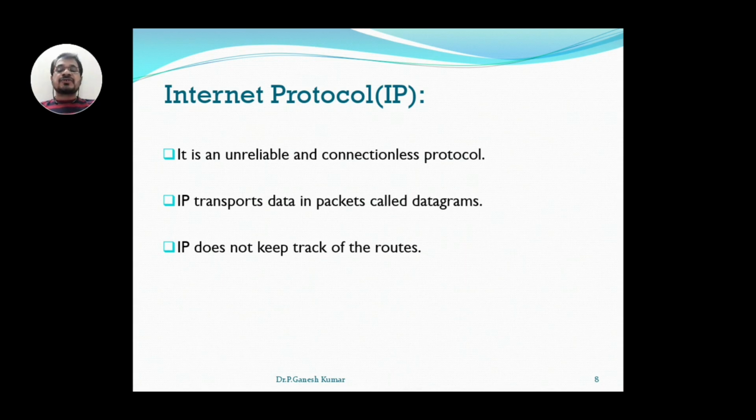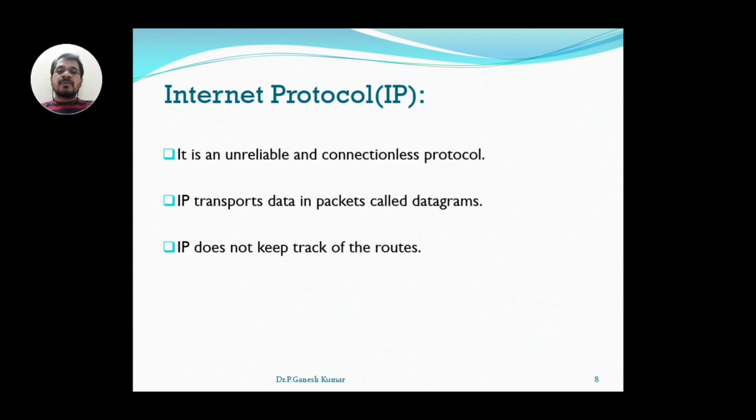Whereas in the case of a connectionless protocol, the receiver does not provide any acknowledgement to the sender. So this internet protocol is an unreliable connectionless protocol. It is not going to provide any acknowledgement to the sender nodes. So IP transports data in packets, which are called datagrams.